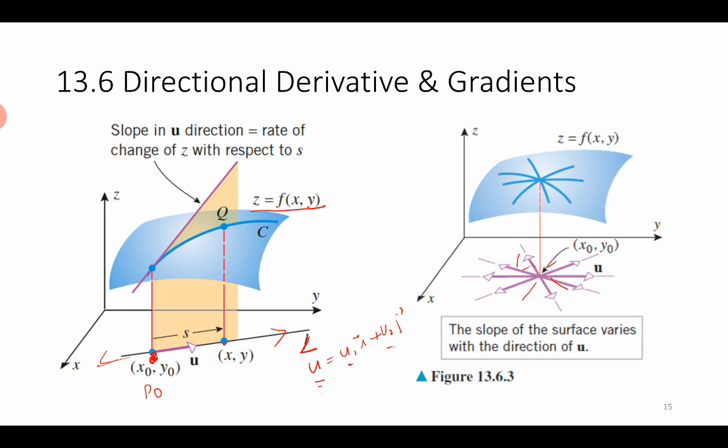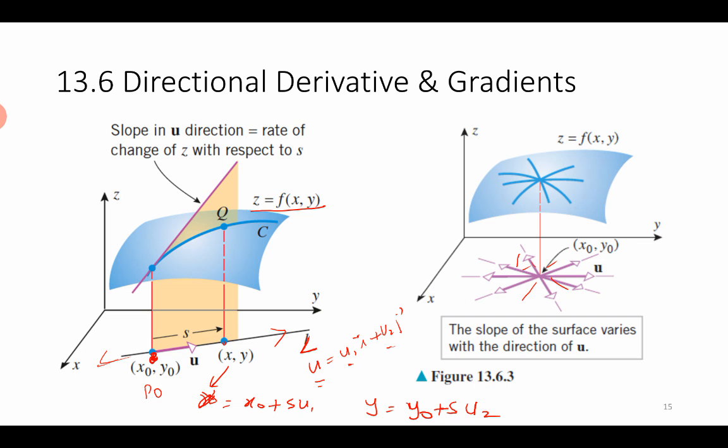So we have the parametric form: x is x0 plus s times u1, and y is y0 plus s times u2.